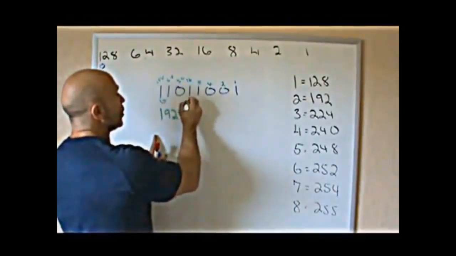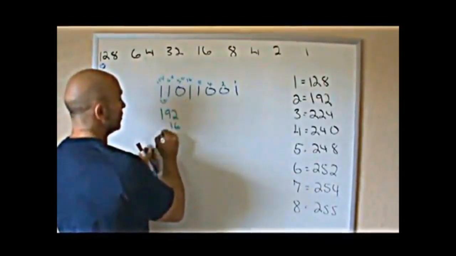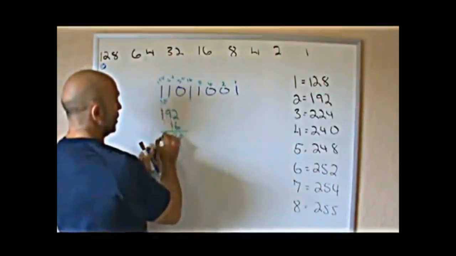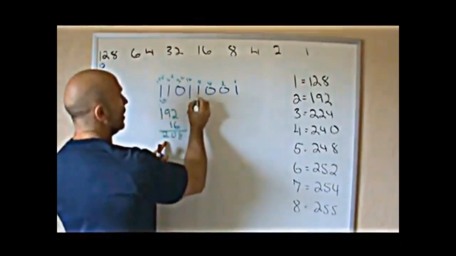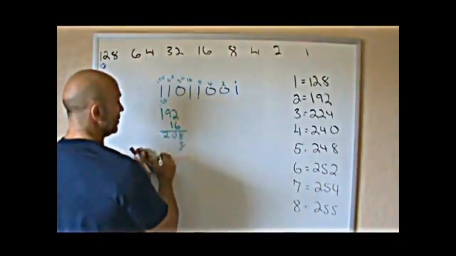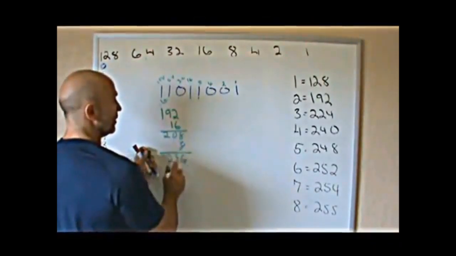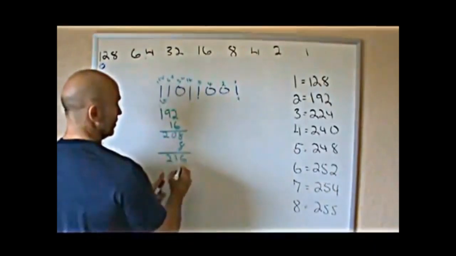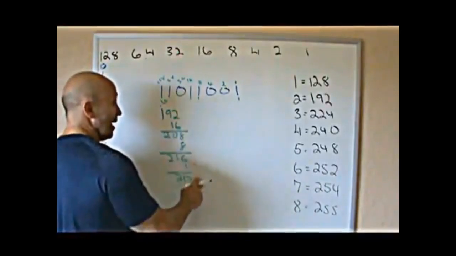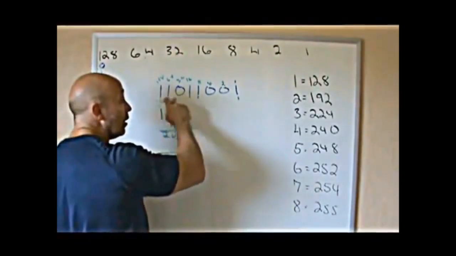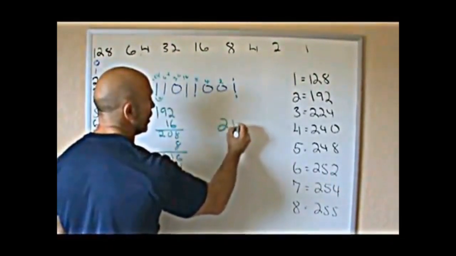Then 192 and 16 is 208. Then you add the 8, that's 216, and then you add the 1, 217. So the decimal value of this number is 217.